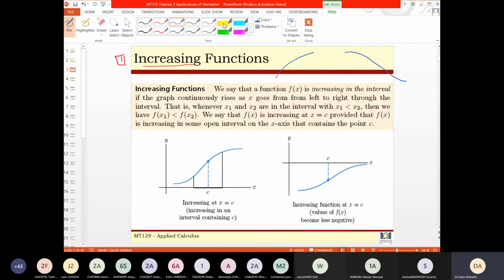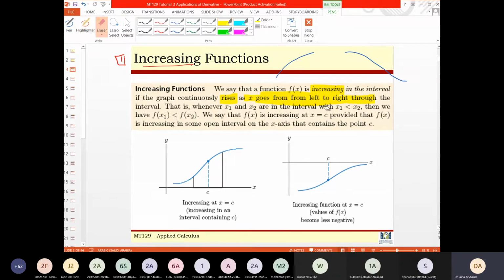So what does increasing mean? We say that the function f of x is said to be increasing if the graph of the function continuously rises as x goes from left to right. If my function is rising when I'm looking from left to right, in this case I say the function is increasing.